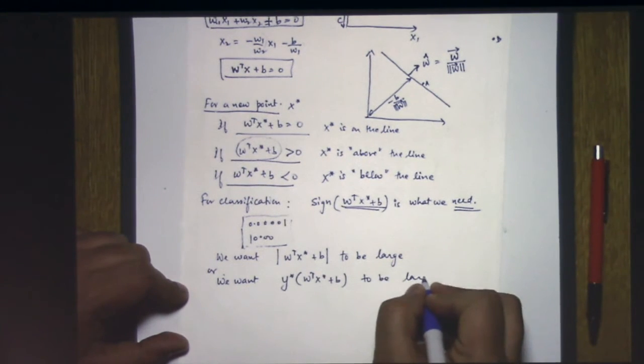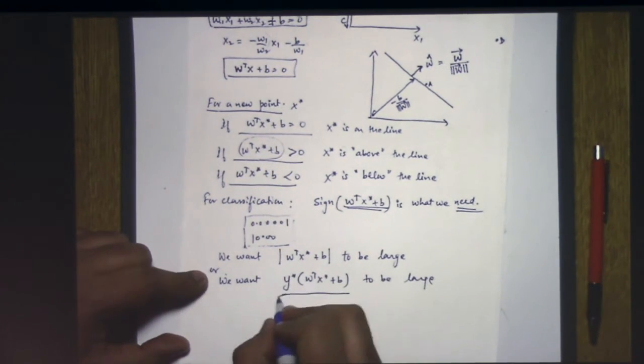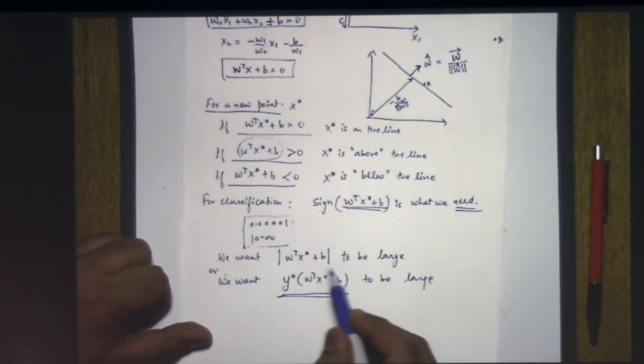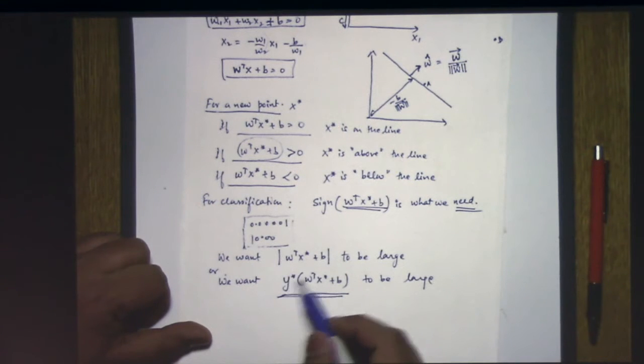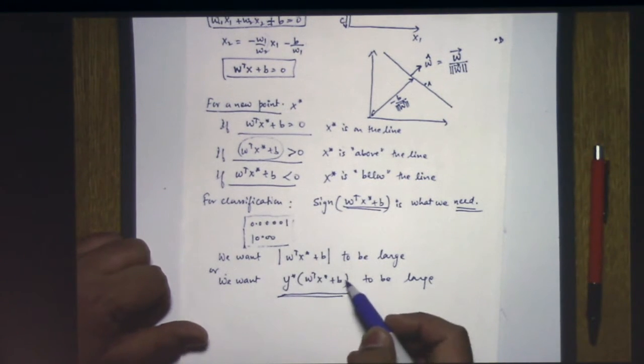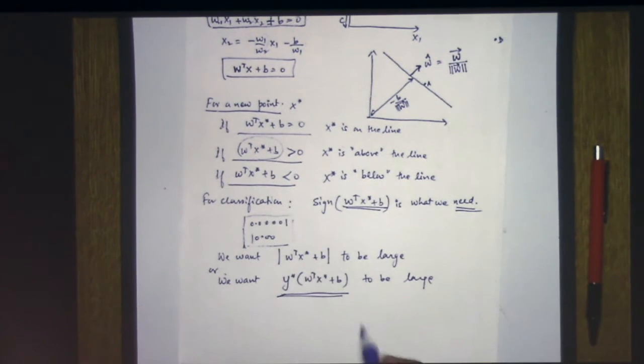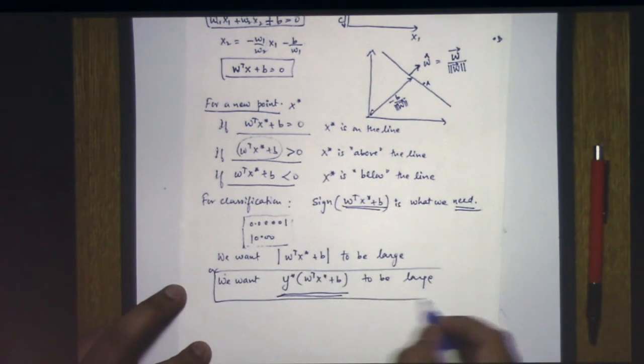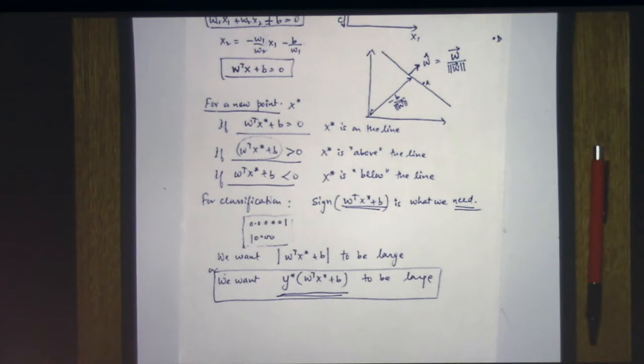Why did I do this? If it is a positive point, y will be +1, and you want this value to be large. If it is a negative point, then y will be negative, and the value will be negative. When you multiply both, it again becomes positive. So in general, for any point, you want this to be large. That's the motivation for having maximum margin classifiers, all right?